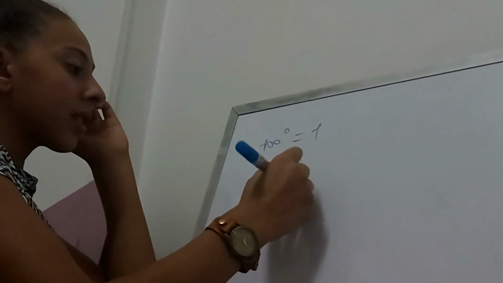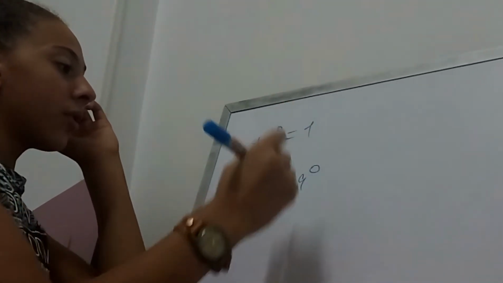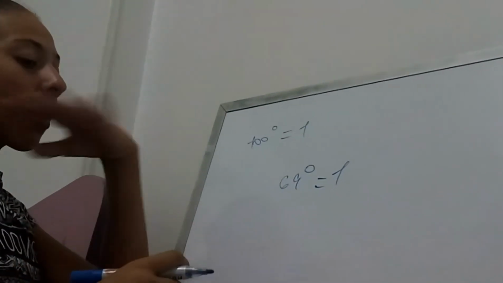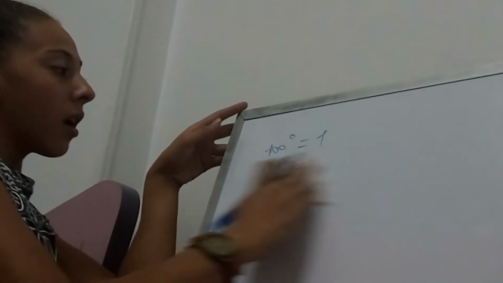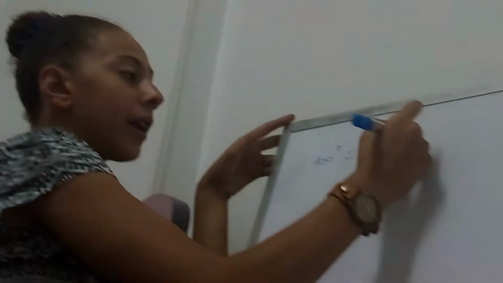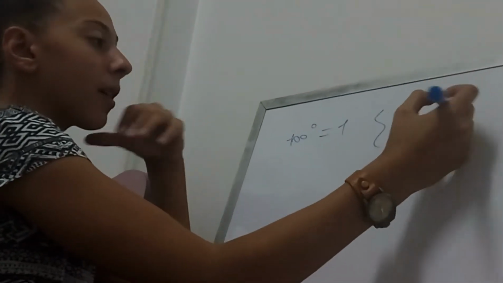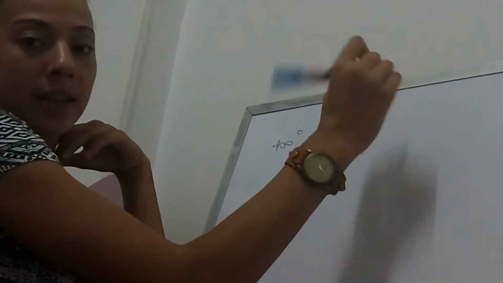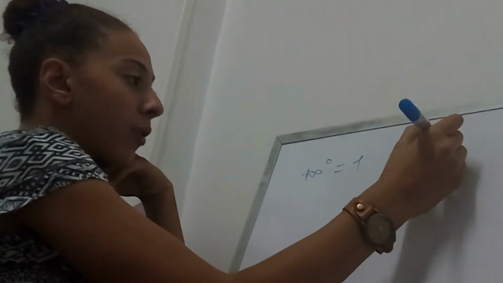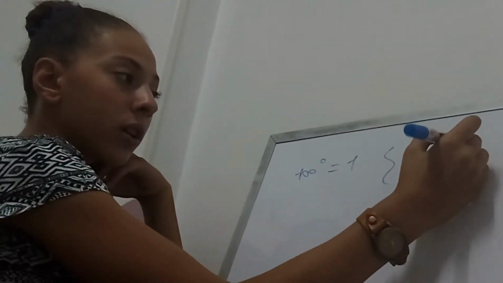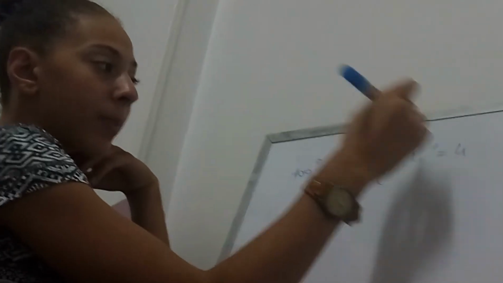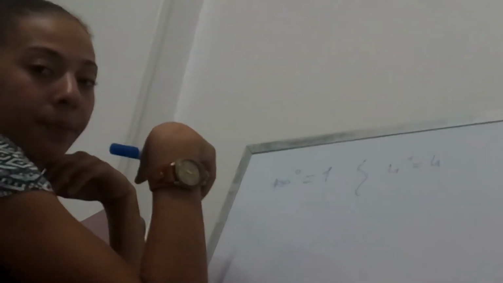You see 69 power 0 equals 1 directly without any thinking. Okay, anything power 1 equals the same number. For example, if you got 4 power 1, it equals 4 times 1, which is 4. So 4 power 1 is 4.